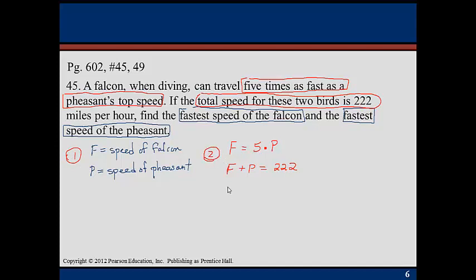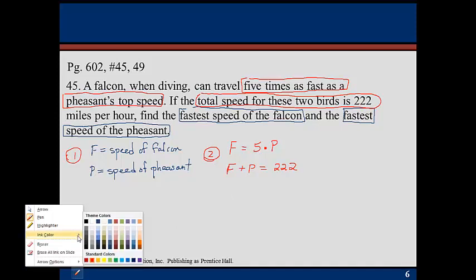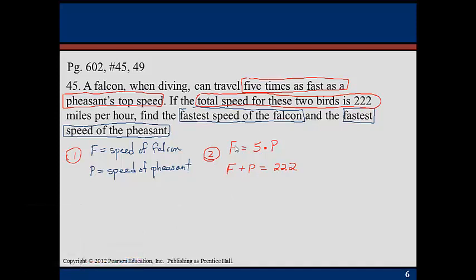Step 3 is to solve. So we're going to take this f equals 5 times p, and we're going to place it into the second equation. So everywhere we see an f, we're going to put in 5p. So this will become 5p plus p equals 222.